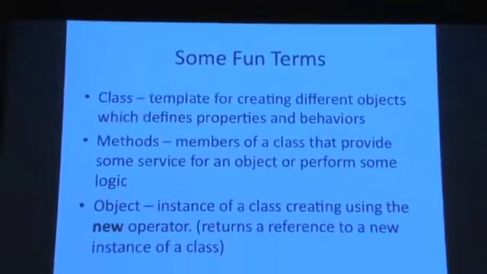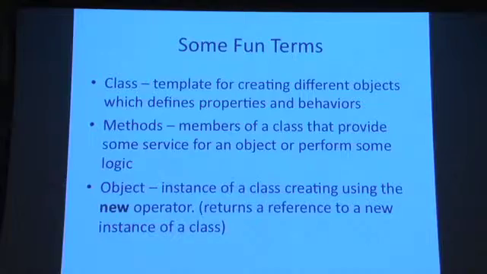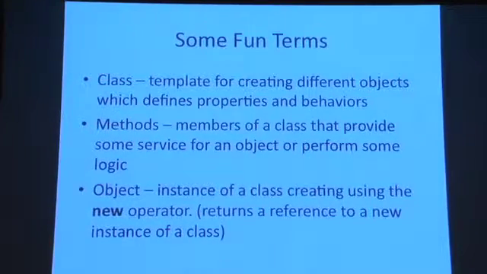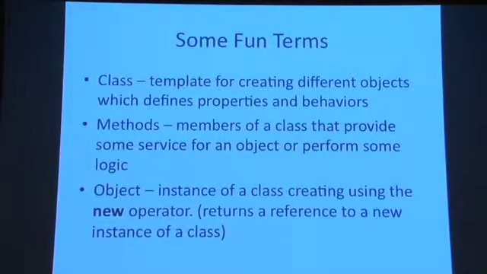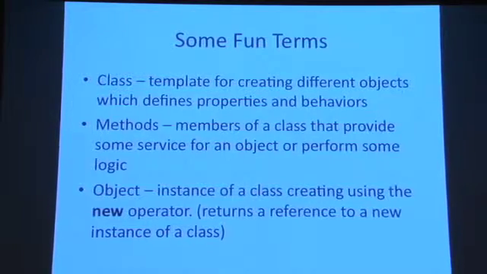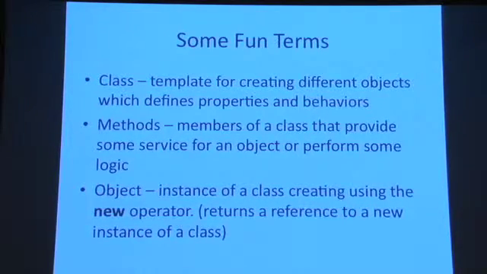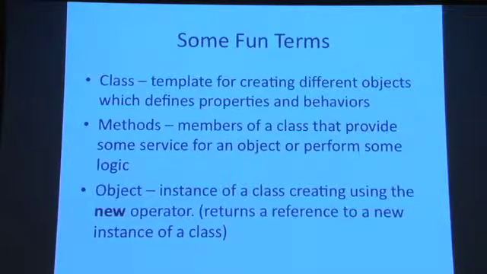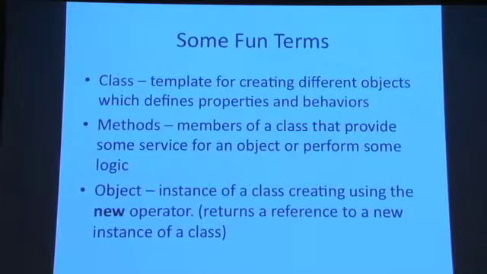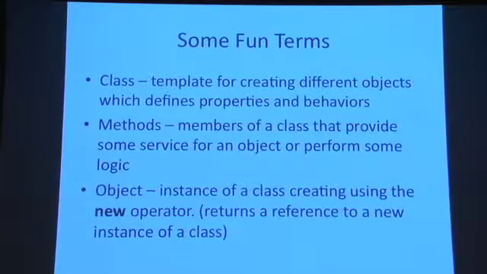Okay, and here are some fun terms that we use in Java. So we use the words like class, methods, and object. Those are probably the most commonly used terms in Java. A class is just a template that we use to create different objects, which define the objects' properties and behaviors.